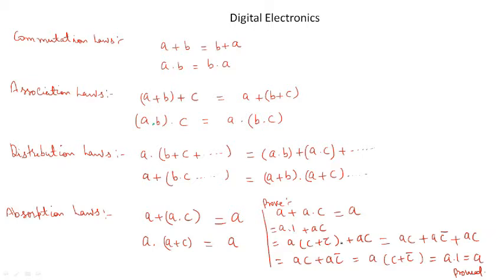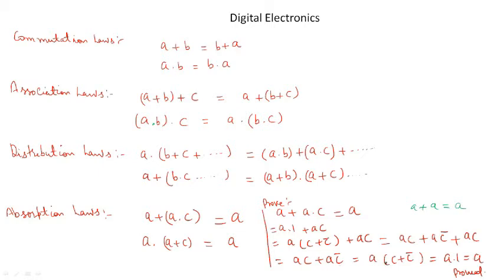So it will be A (C plus C bar) plus AC. When we multiply it, it becomes AC plus AC bar plus AC. Now AC plus AC is like A plus A, which equals A, so it will be AC plus AC bar.